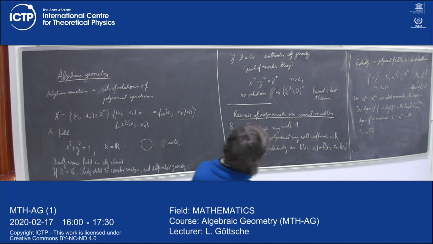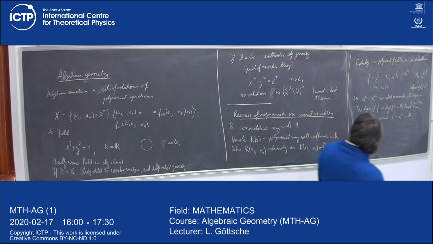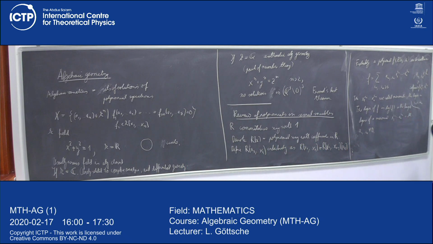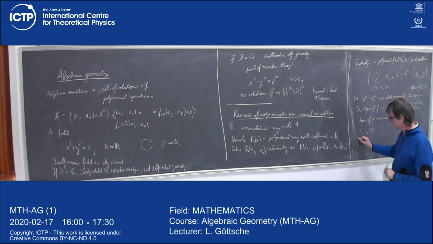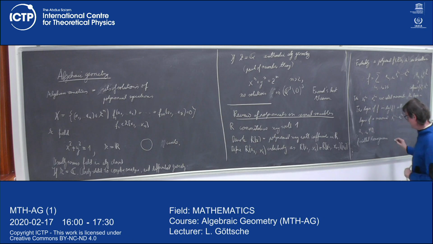So f is called homogeneous of degree e if all monomials with non-zero coefficients have the same degree.